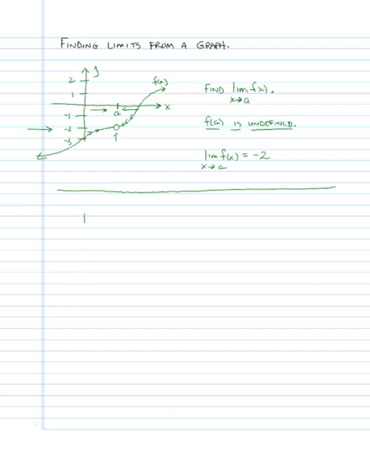So let's see if we can come up with another graph here. Here's our x-axis, of course, and here's our y-axis. Let's say this is 1, 2, 3, 4, and this time, let's say A is about here again.